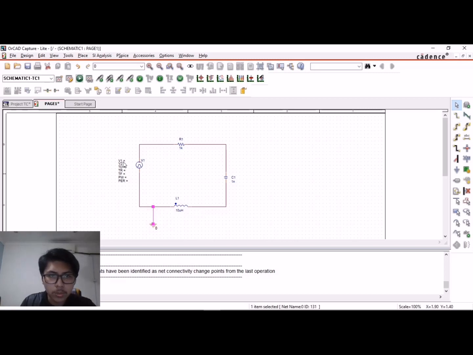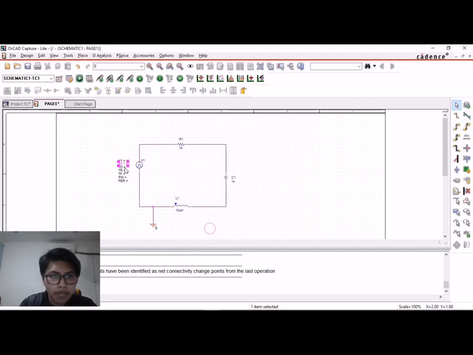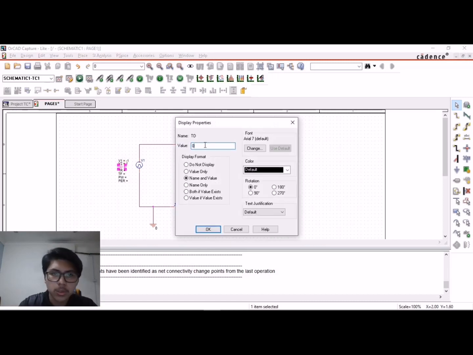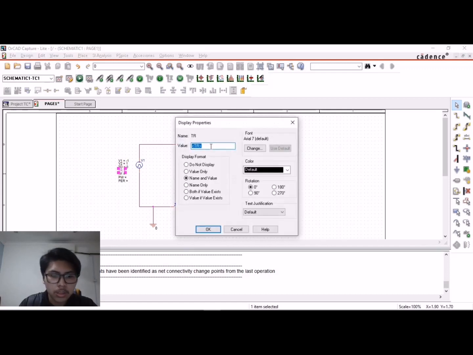Right, then we need to put in the values. This one is -1, 2 is 1, this is 0, TR is 1 milli.